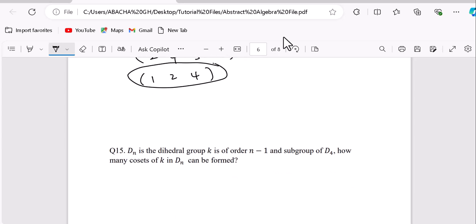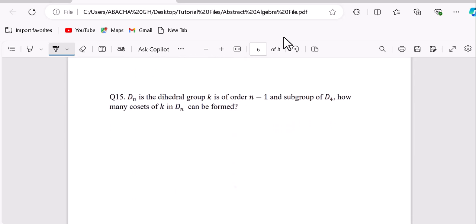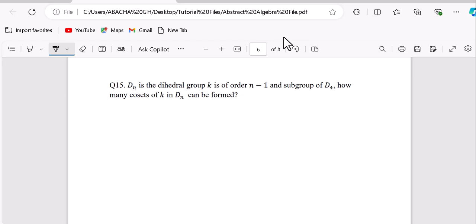Okay. Now we go to question 15. They are saying that Dn is the dihedral group, K is of order n minus 1 and a subgroup of Dn. How many cosets of K in Dn can be formed? Well, that is simple.